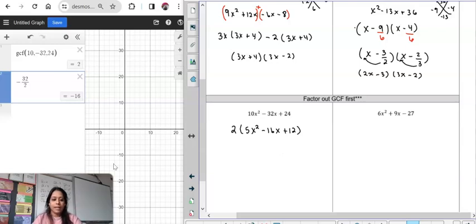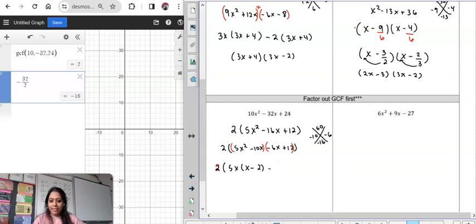So the time limit is running out. I went ahead and did this part. I did 5 times 12, which is 60, and then factors of negative 16, and I went ahead and grouped them. So let's go ahead and group it using the GCF. Now this 2 stays on the outside that I first factored out, and then I have here, I can go ahead and take out the 5x, so that's x minus 2.